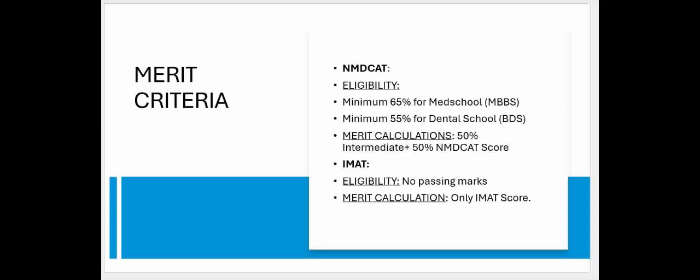If both students have the same score in logical reasoning, they go for biology, and if they both have the same in biology, they go for the chemistry score. So that's how it goes. Otherwise, these are exceptions, so I thought I should mention that as well.